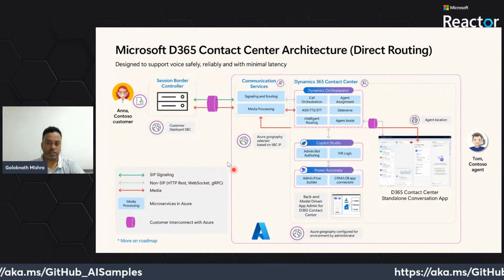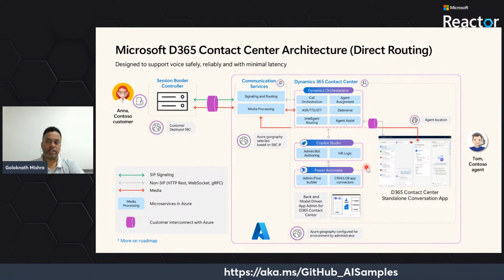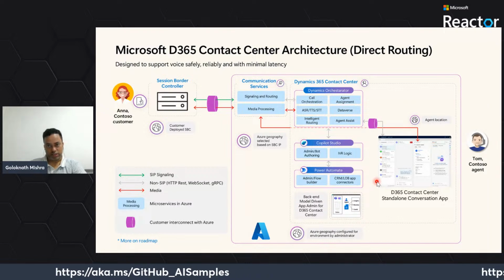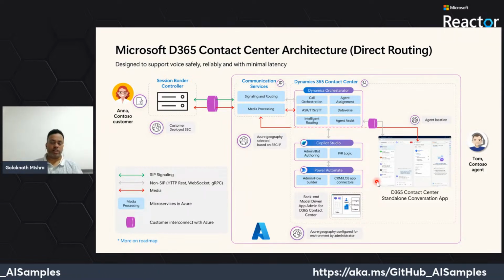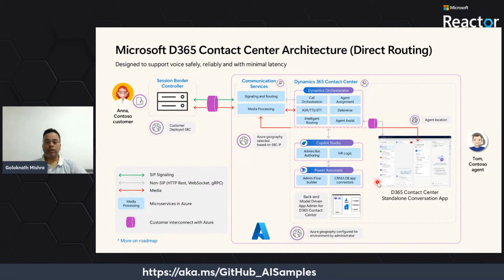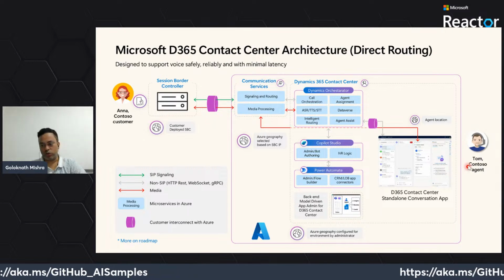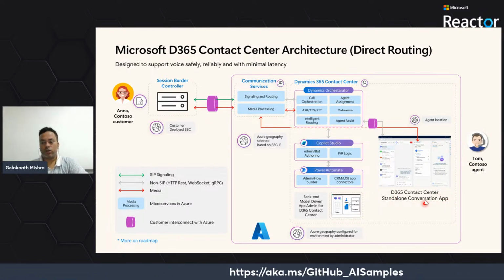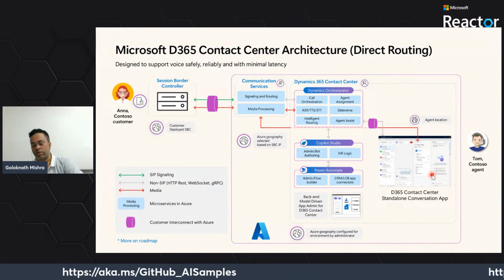So if you can see, this is end-to-end communication, how exactly direct routing happens in Dynamics 365 contact center. Okay, so if you can see end-to-end in this picture, it has full capacity from your telephone till your omni-channel capability. Here also it has the capability of CRM embedding.